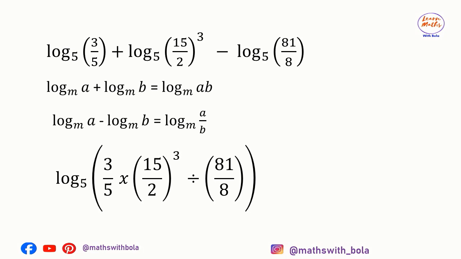So you understand what happened here. The addition sign has turned to multiplication, the subtraction sign has turned to division, and we bracket everything, knowing fully well that they all have log, in base 5.